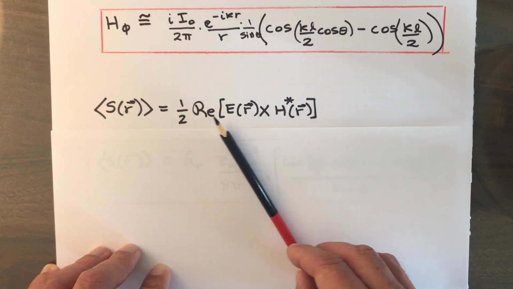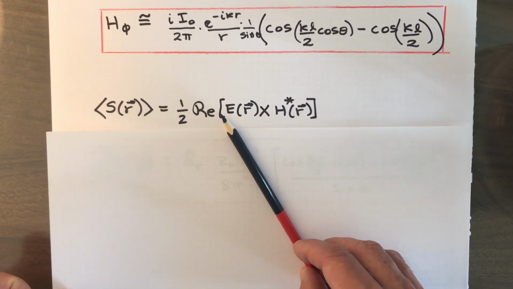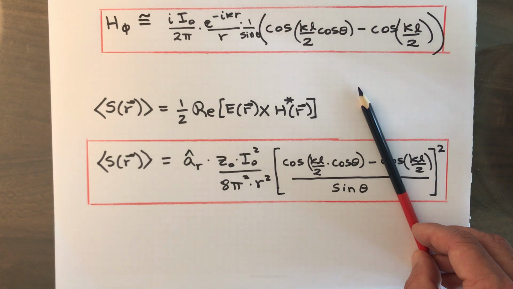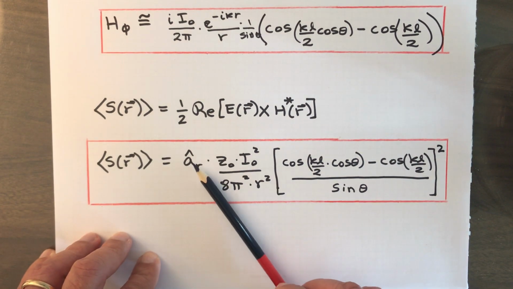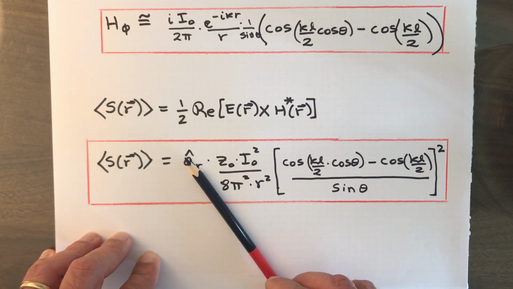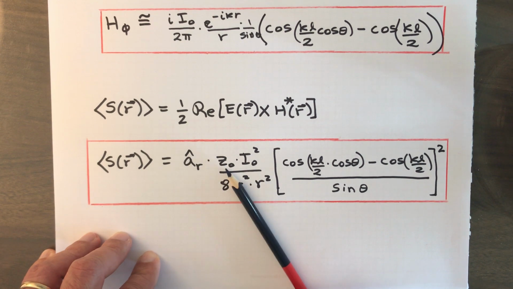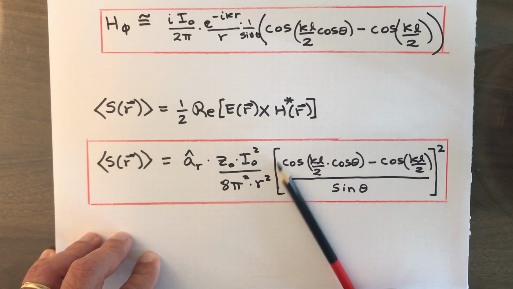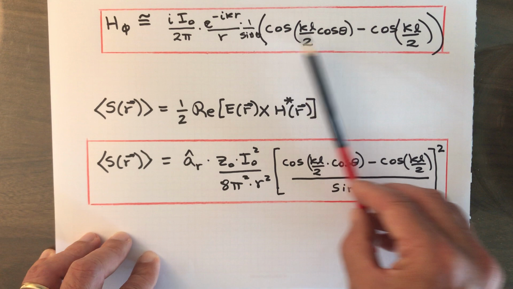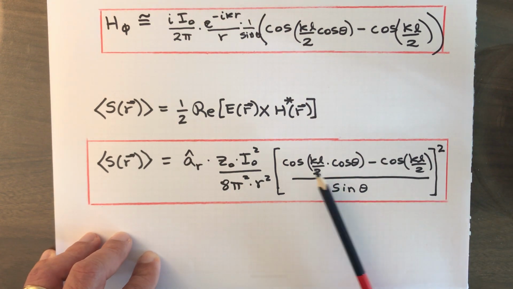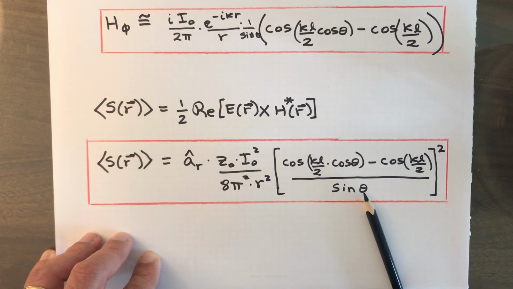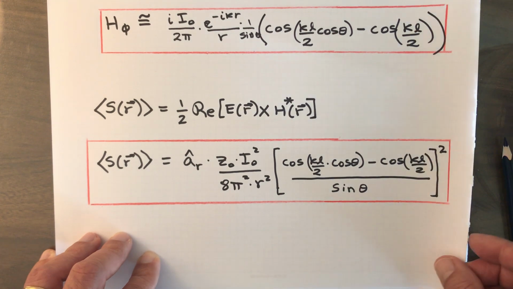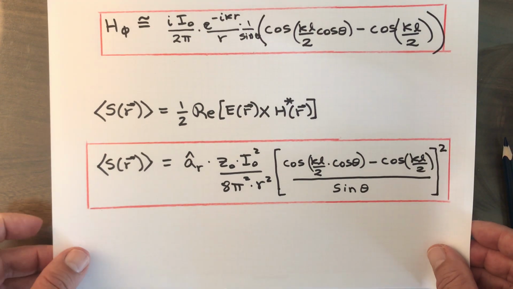Negatives cancel, and that gives us a positive expression. Specifically, it gives us the unit vector in the r direction times the characteristic impedance times a lot of these terms squared, which you can see here. Specifically, there's the cosine of the cosine term over sine theta. That's a quantity squared for the average Poynting vector.